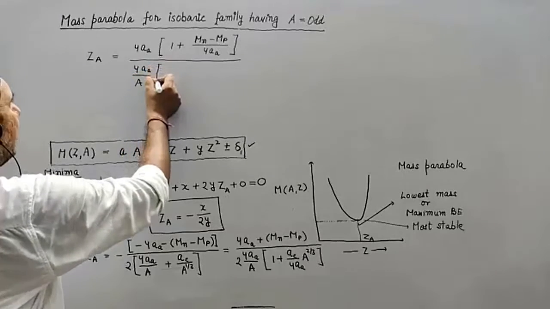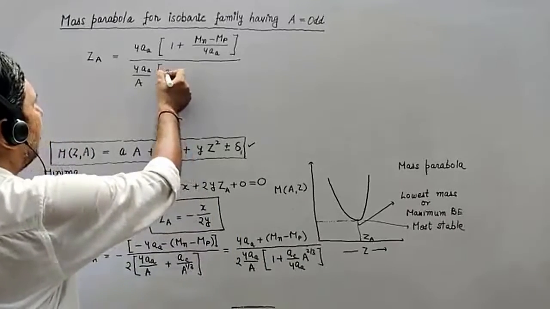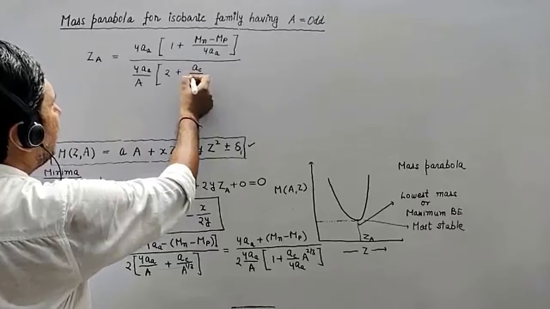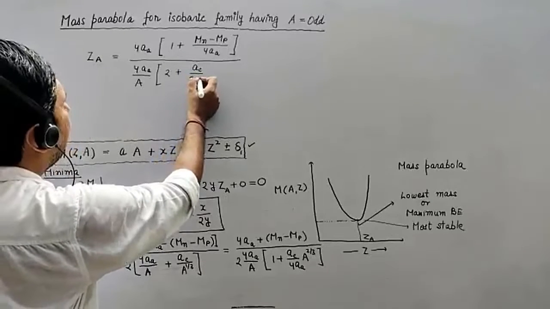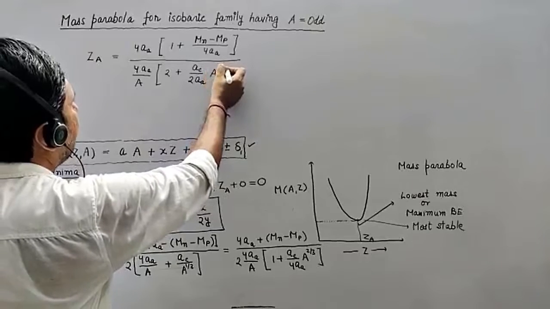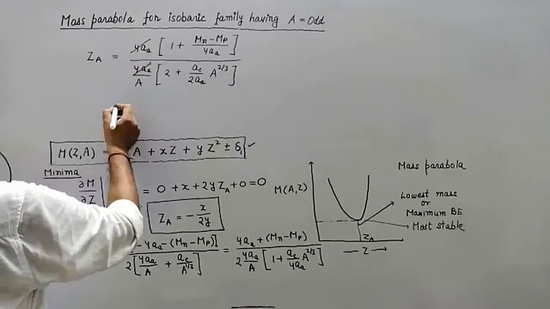And what I am doing, I will multiply this 2, I will take this 2 inside. So this will become 2 plus 2AC upon AA to the power 2 by 3. Now this will be cancelled out.